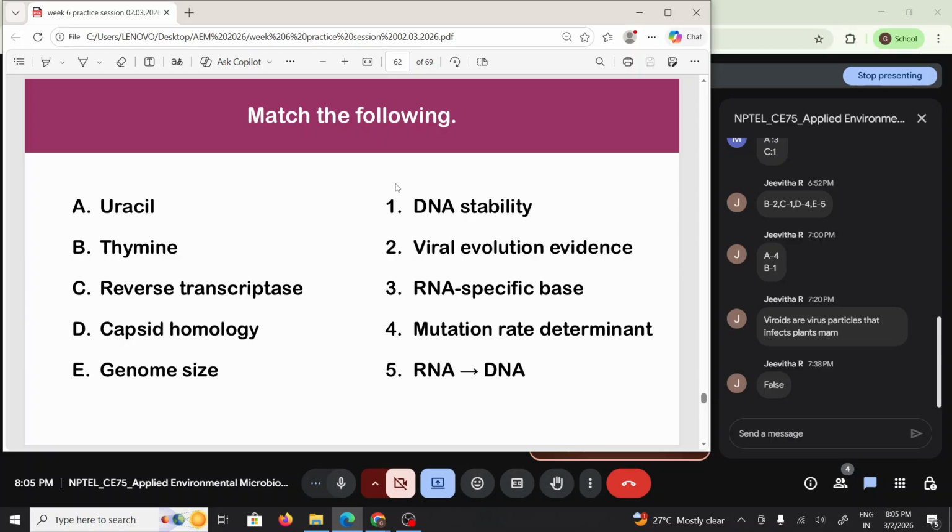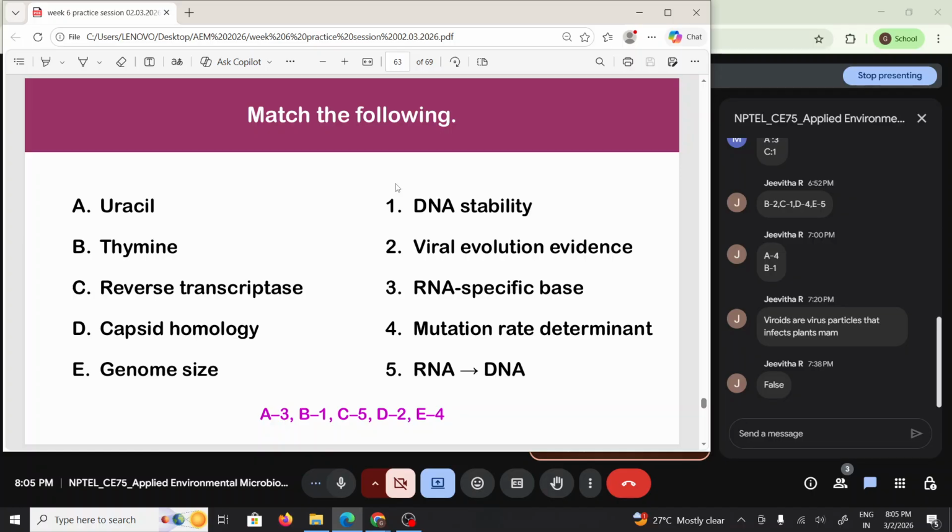Again, this question is regarding mutation, DNA and so on. Here uracil is an RNA-specific base, and it's thymine in DNA. For DNA, this component makes the DNA stable. So it's going to be uracil.